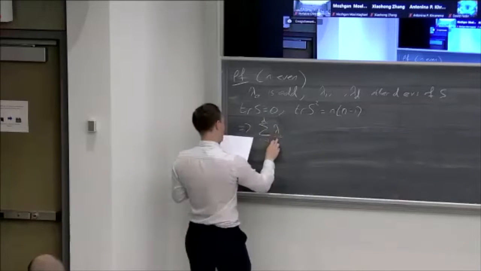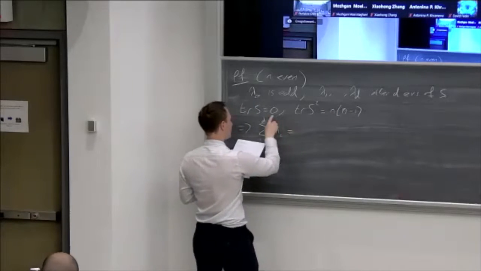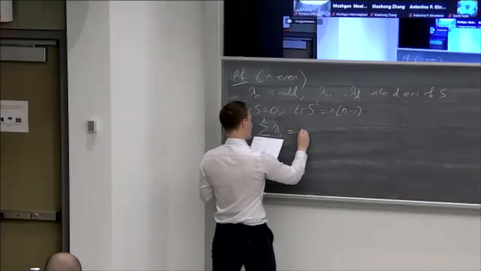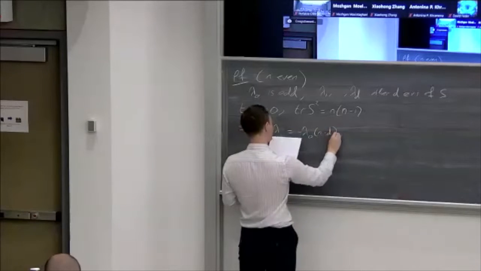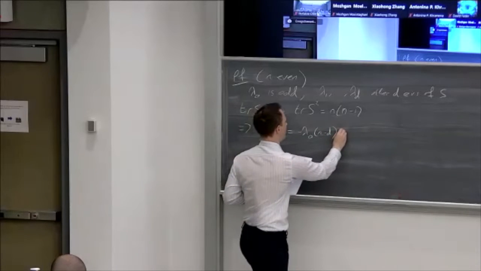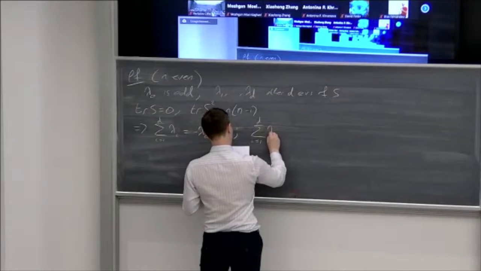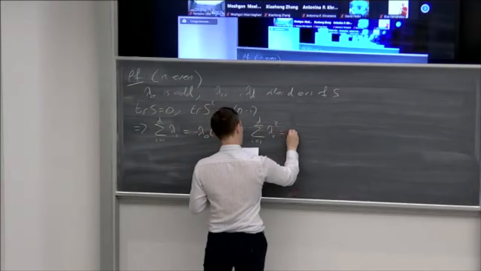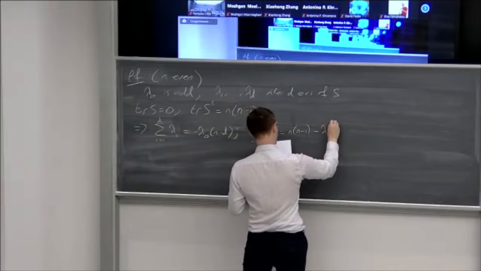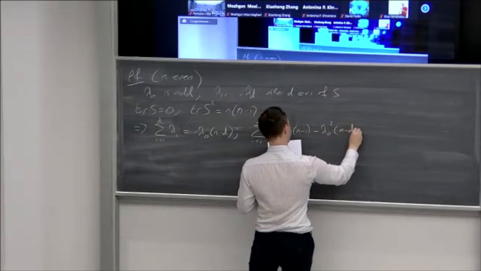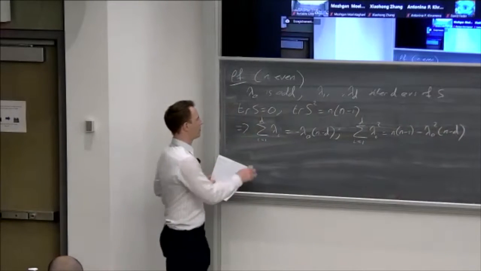If we sum up these other d eigenvalues, since the trace is 0, we just get the negative of the contribution from the smallest eigenvalue. Similarly, for the sum of the squares, the sum of λi squared equals n(n − 1) minus λ0 squared times (n − d). These are straightforward consequences of these traces.